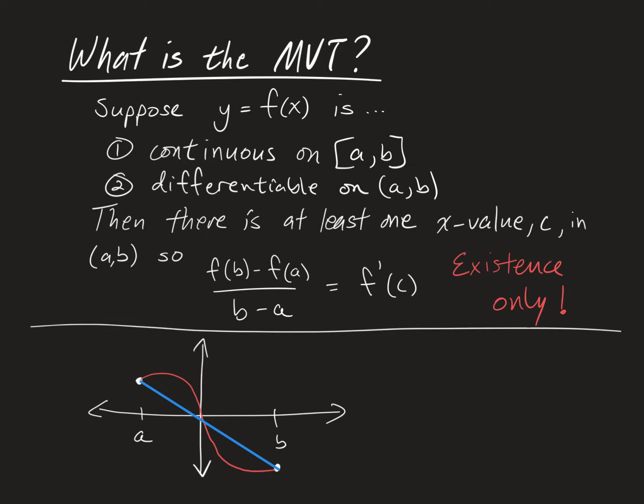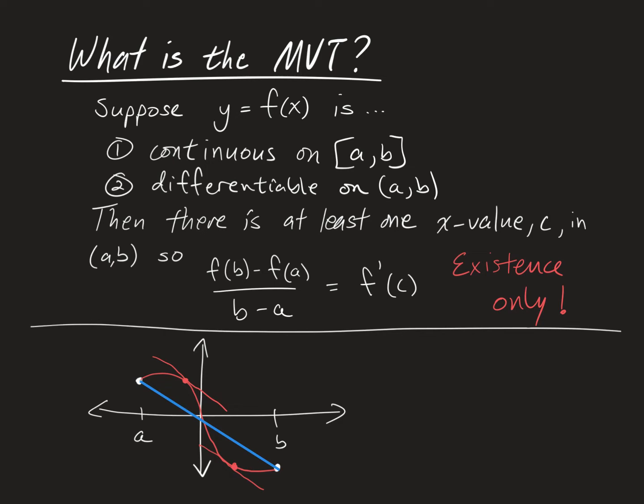So that means that somewhere along the way, since I drew a graph that is both differentiable on open (a, b) and continuous on closed [a, b], there are some points along the way, maybe like this one right here, and possibly this one right here, where the slopes of the tangent lines are also the same slope of the secant line. So something like that.